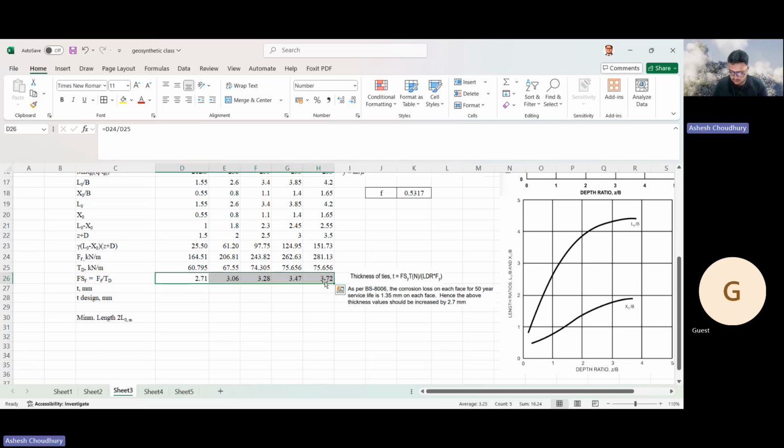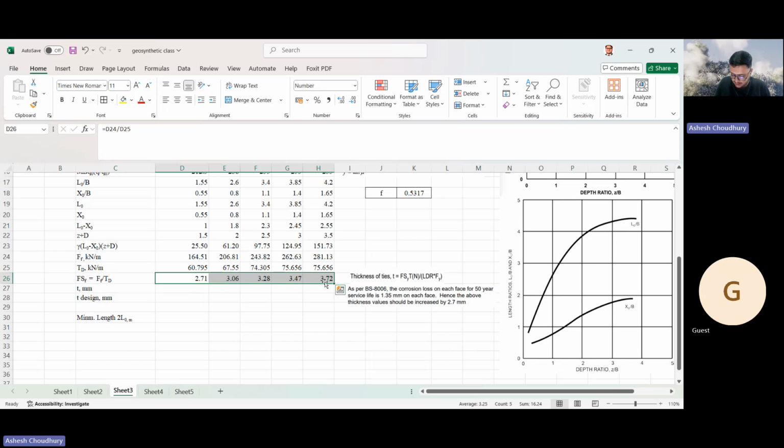These are the factors of safety. So now my TD should be less than or equal to my FF by FSF, right?